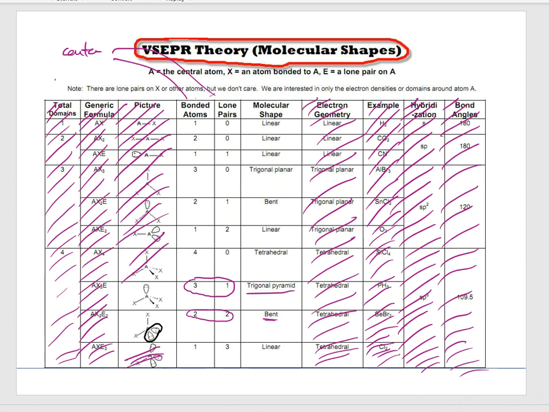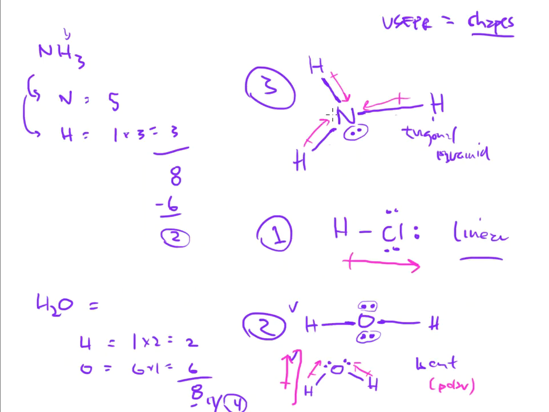The trigonal pyramid is also going to be polar almost every single time. I mean, if you take a look here, everything points toward the nitrogen. So I can somewhat draw a polarity that looks like this overall. It is a polar molecule because it has polar bonds on the inside, and those polar bonds do not cancel each other out.